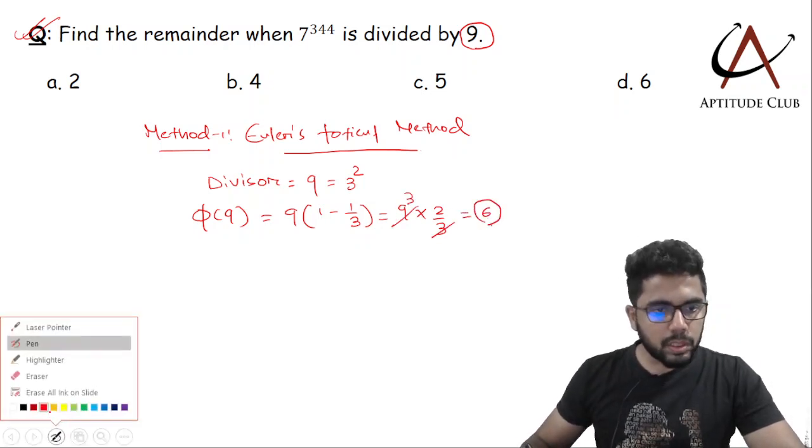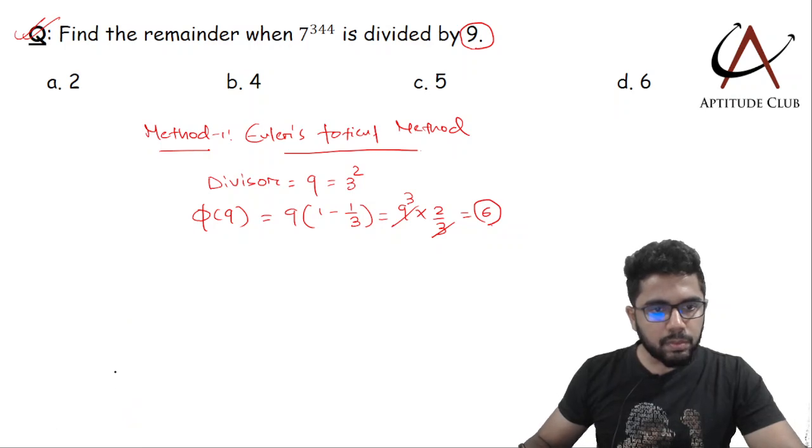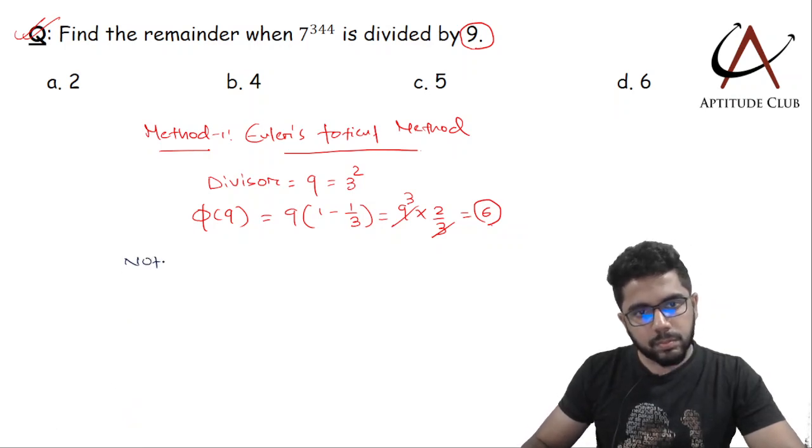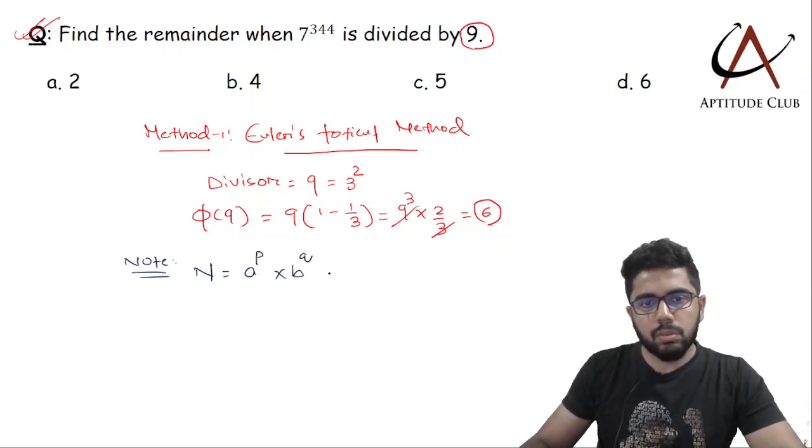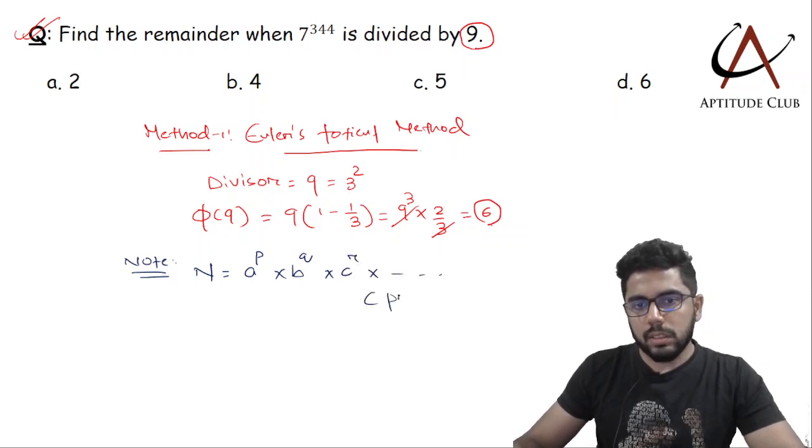Now let me put it in this way, like in general, for any number, if the divisor is given, the first step is to prime factorize: a to the power p into b to the power q into c to the power r and so on. Prime factorize the number.